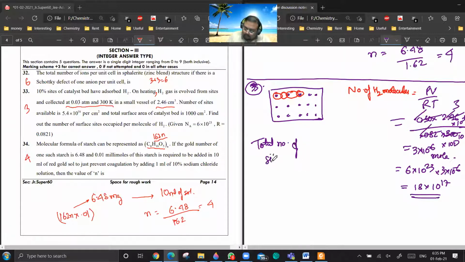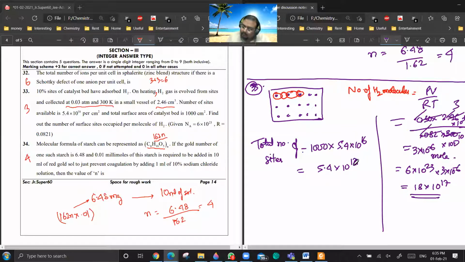Surface area into available sites. It's number of sites per centimeter square into total surface area, which is 1000 into 5.4 into 10 to the power 16. It is 5.4 into 10 to the power 17. No, 10 to the power 19.